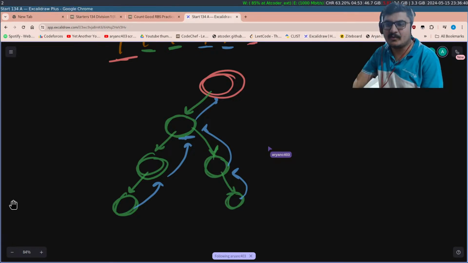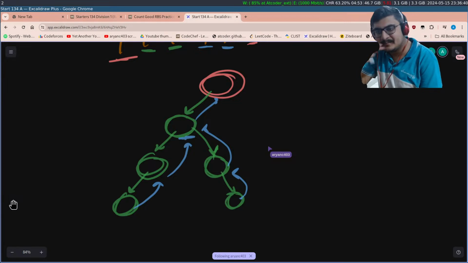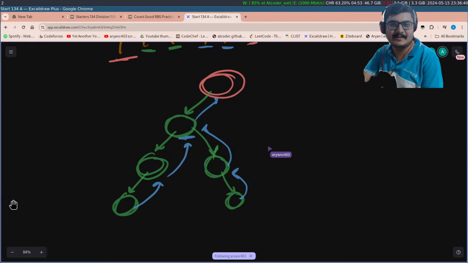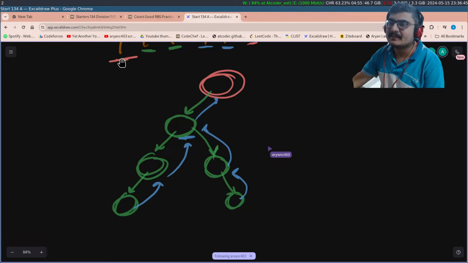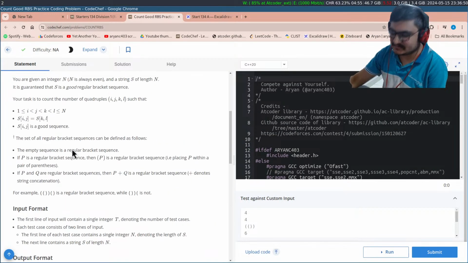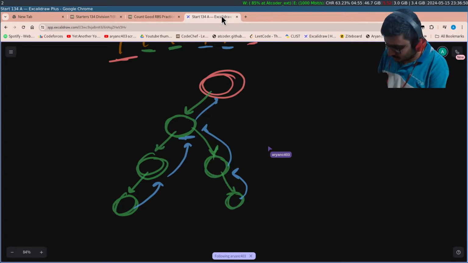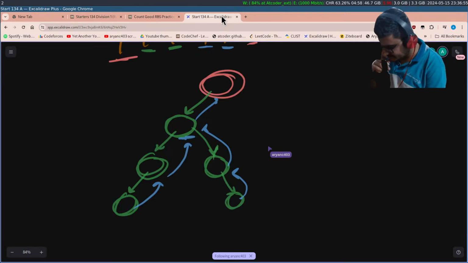This is because the number of opening brackets is the same as the number of closing brackets, and for each closing bracket there is a bracket before it as the opening bracket. The next part to notice is that if we look at each node as a sequence of nodes from L to R, it corresponds to this string.